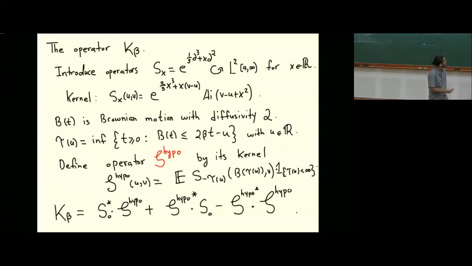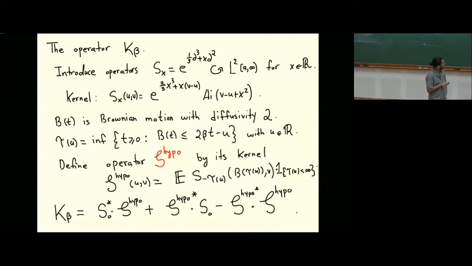And I want to give you a description of the k beta, since this is a workshop with integrability in the title, so I have to mention this. So the operator k beta is the following. First of all, you introduce a family of operators acting on L2.